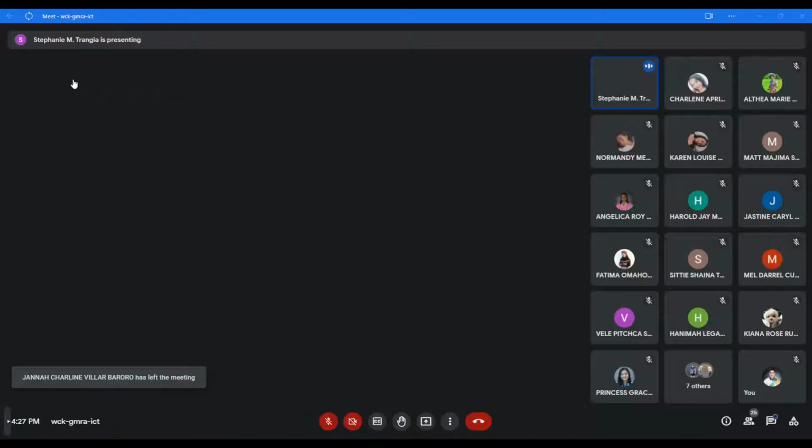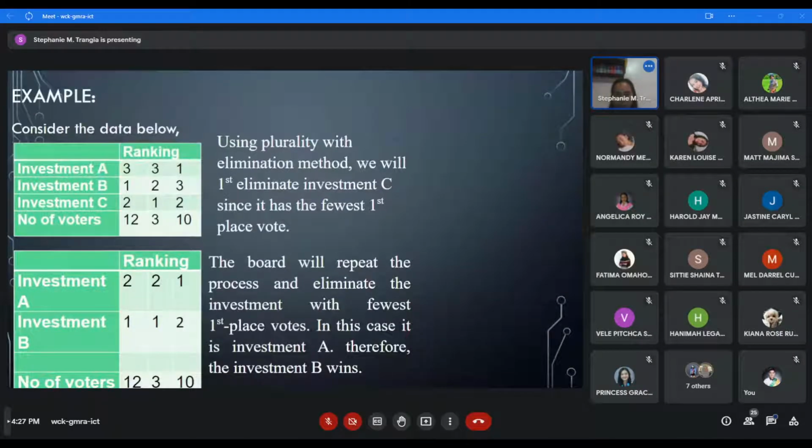So, investment A gets the first rank, investment B gets the second rank. By adding the first place votes for B, B gets 15 points, whereas A gets only 10 points. So in other words, using this method, investment B wins.